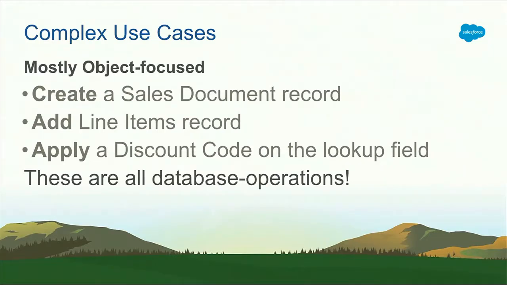So my point here is that in Salesforce, the business logic usually is very tightly coupled to the database. So almost every business operation is triggered by a database manipulation, a field update, a record insertion, record deletion, record update.